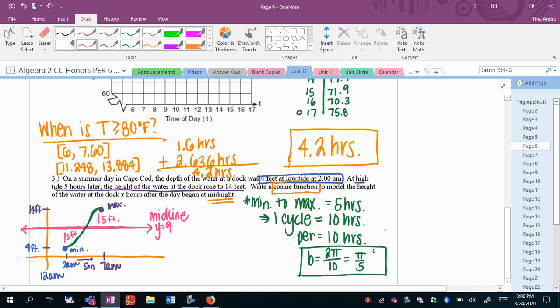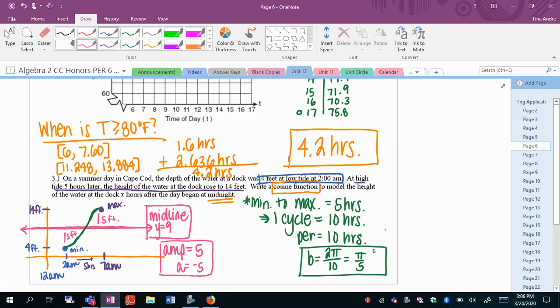So that's good. That gives us another piece of information. We said our amplitude is 5, so we know that. We know that we had to go down first, so that tells me that it's actually going to be a -5 for that A value. And then the only other interesting piece here is notice that this is not starting on the y-axis. Typically, if this is cosine, it should be starting down on the y-axis.